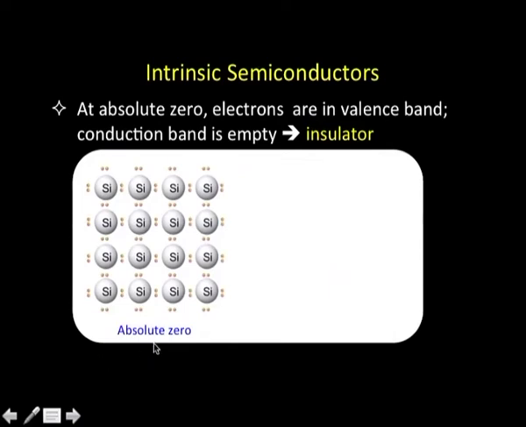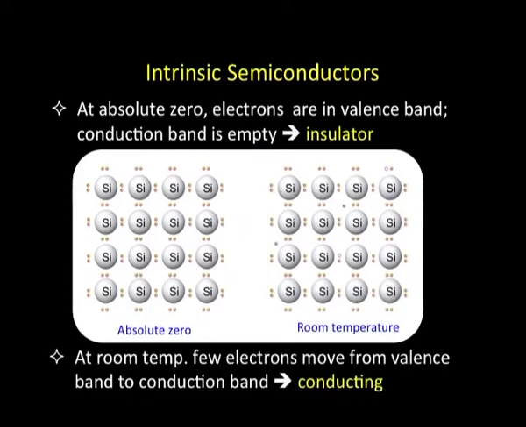But if I raise the temperature, bring the material to say room temperature, or any temperature higher than absolute 0, we find that some of the electrons from the valence shell, the valence electrons, move on to the conduction band. We can see it here, this electron has come over here, and there is another electron somewhere here.